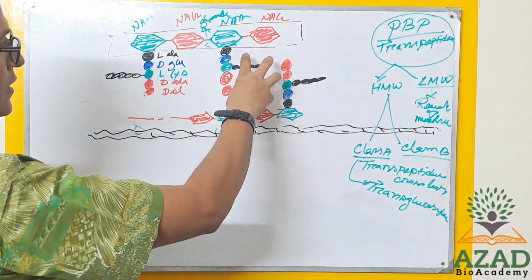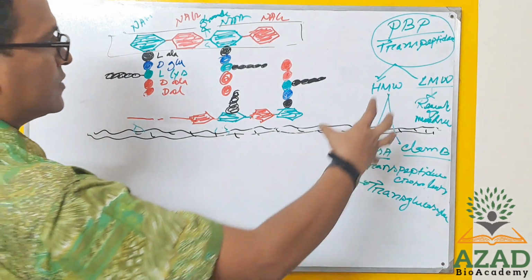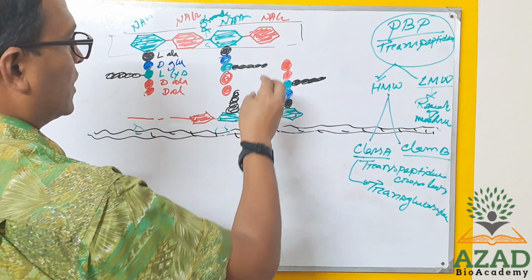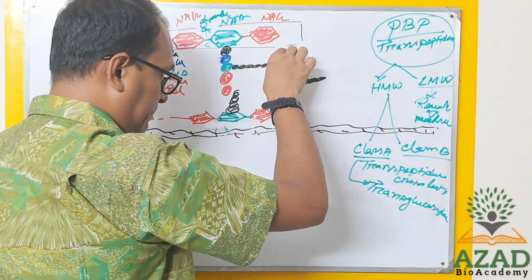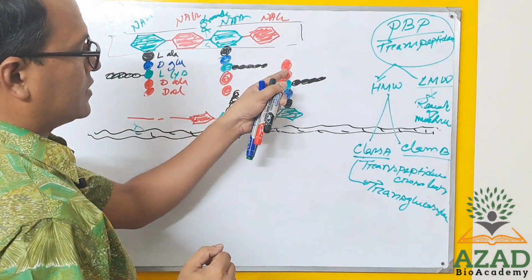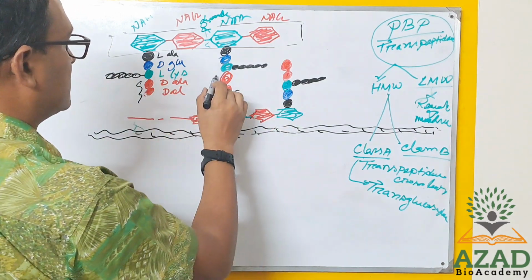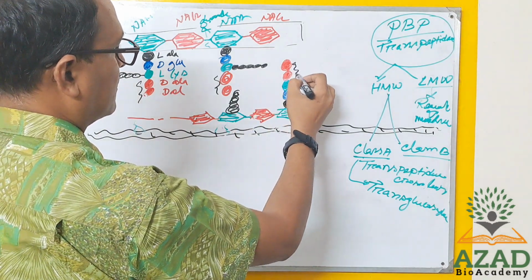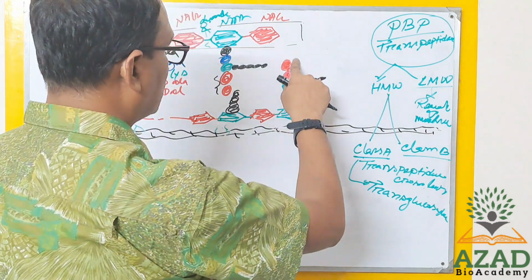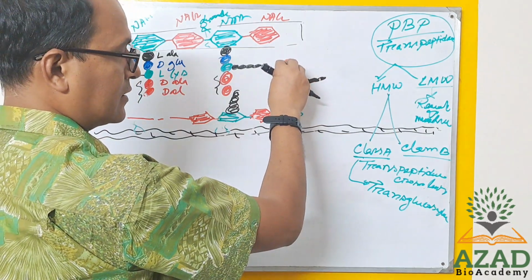So now I will try to make you clear about the cross linking. Here the enzyme will work. That enzyme is transpeptidase. That transpeptidase will work on the fifth amino acid of the fourth, that is the D-alanine dimer. This is the D-alanine dimer, this is the D-alanine dimer. In the structure of the D-alanine dimer, between the D-alanines, a carbonyl group is there.